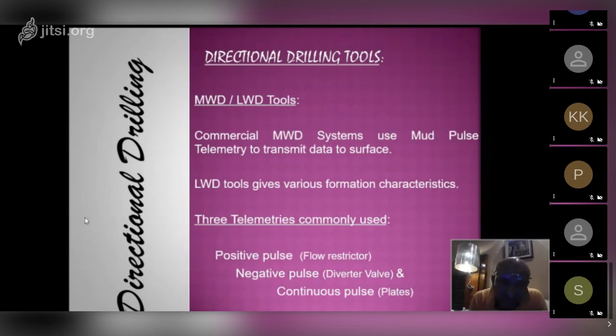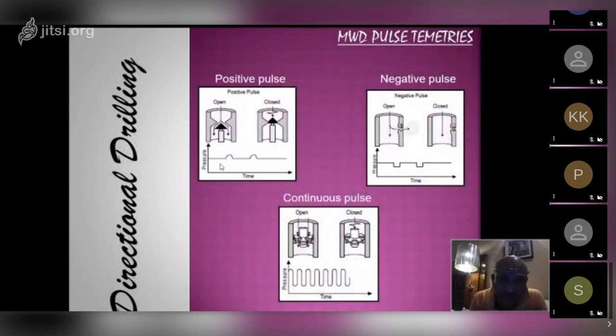Now, how are the pulses generated? I told you there are three types: positive, negative, and continuous. I'll try to make you understand. Positive pulse telemetry. What happens in this? Let's say the pumps are on, I'm pumping the mud, and I see a certain pressure, 100 psi.